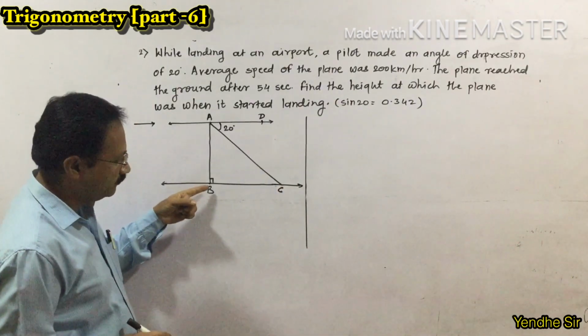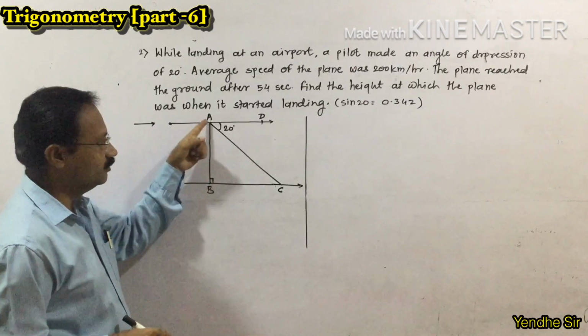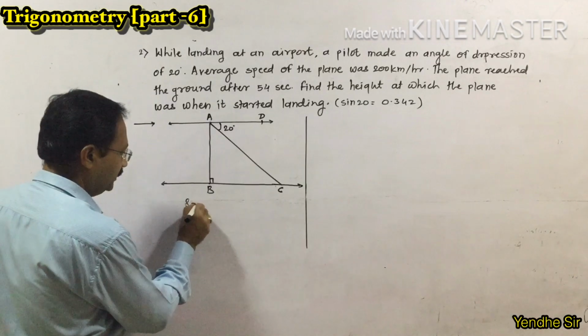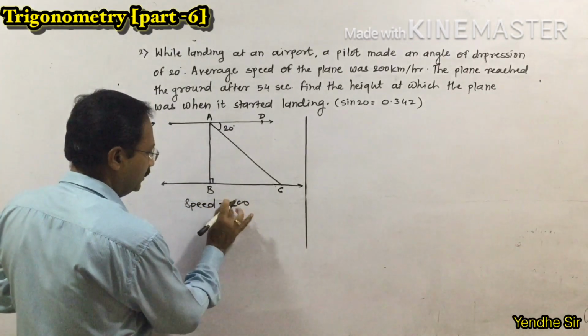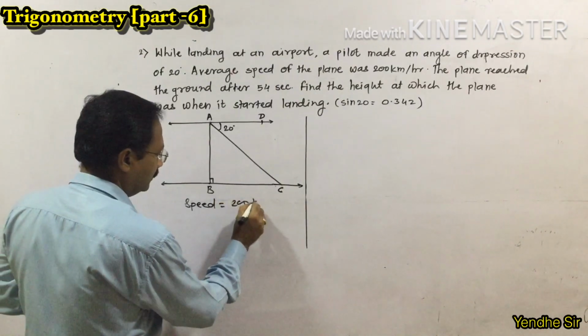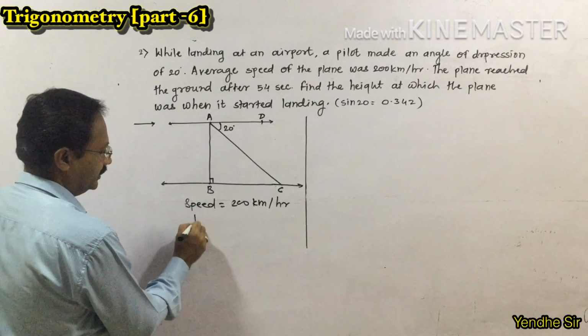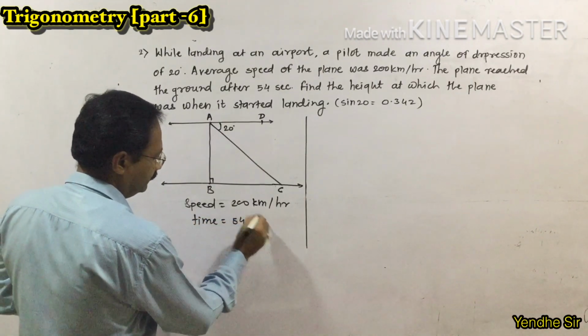Okay, and you have to find out the height of that plane from the ground. It means you have to find out the AB. What is given? Speed is given, 200 km per hour, and then the time is given, 54 seconds.